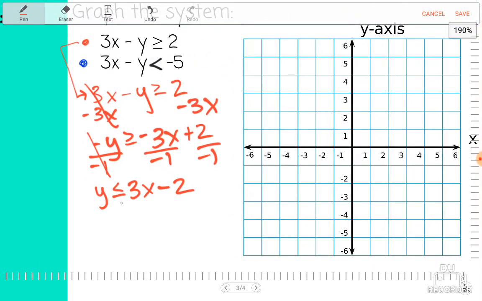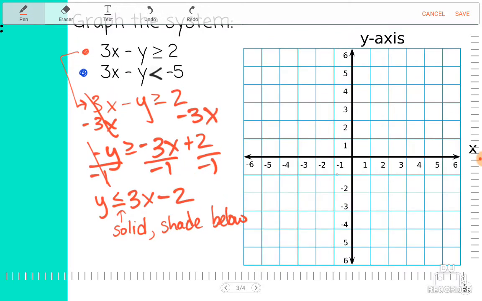To graph this, it's going to be a solid line because it's less than or equal to, and I'm going to shade below because it has less than. I start at the y-intercept, which is negative 2. I go up 3 because that's my slope, so I'm going up 1, 2, 3 over 1. Okay, and it's a solid line, so I connect.